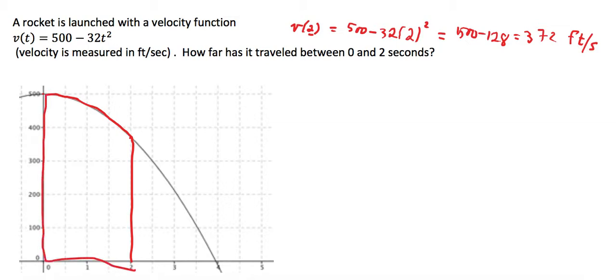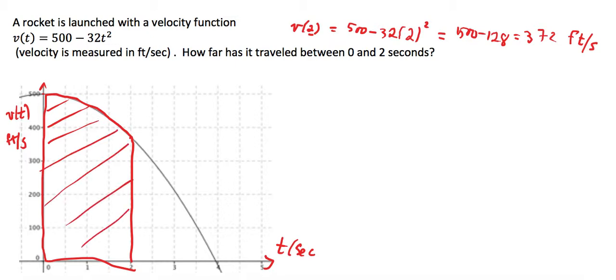Keep in mind, the vertical axis here is v of t, calculated in feet per second, and the horizontal axis here is time, calculated in seconds. So the exact distance that this rocket traveled can be expressed as this area.